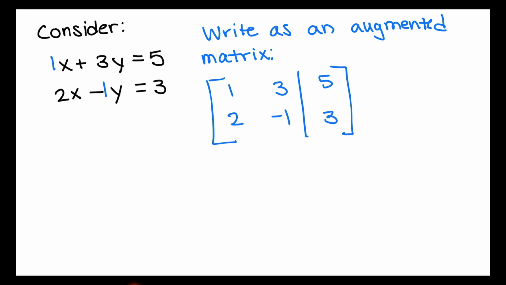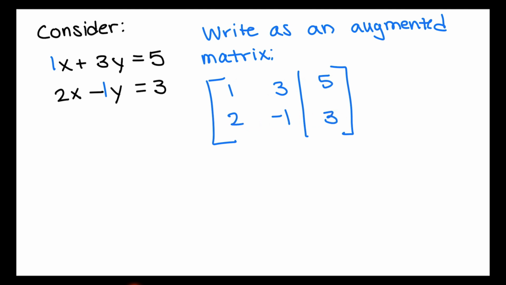And a matrix is really simply just a grouping or an array of numbers. A matrix is something that has rows and columns. In this matrix, I have created a row to correspond to each equation.